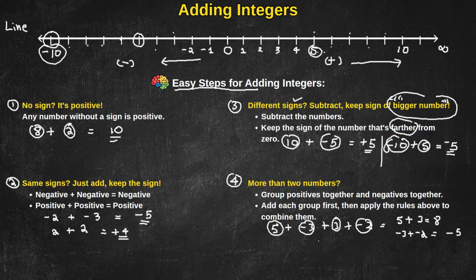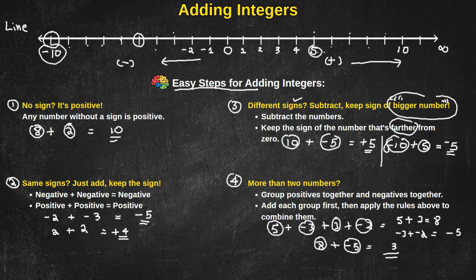But we're not finished because we need to add these two numbers. Now, different signs, subtract, and keep the sign of the bigger number, or the number that's farther away from 0. 8 will be farther away from 0, so our answer will be positive. 8 minus 5 will be 3, so we will have a positive 3 at the end.